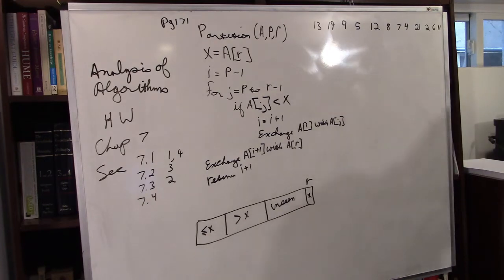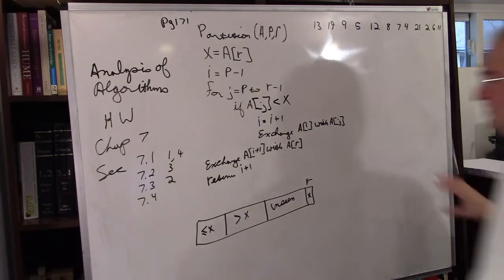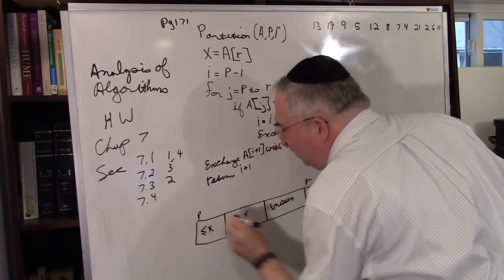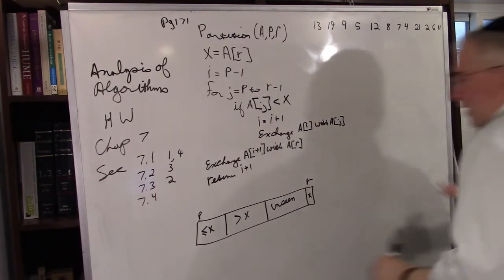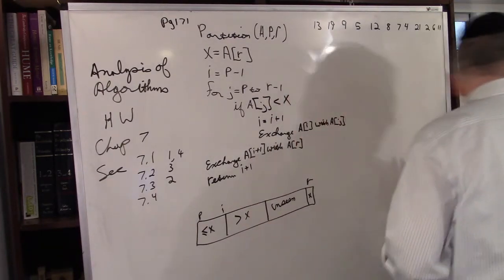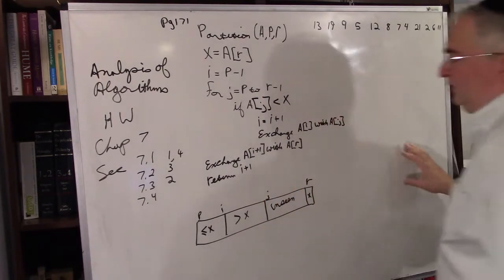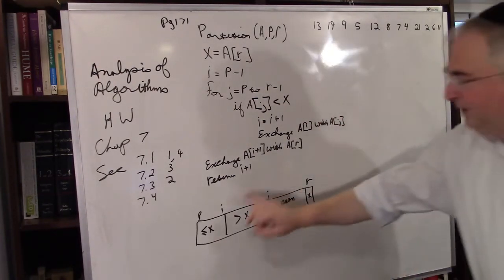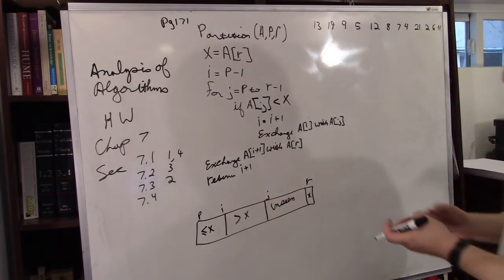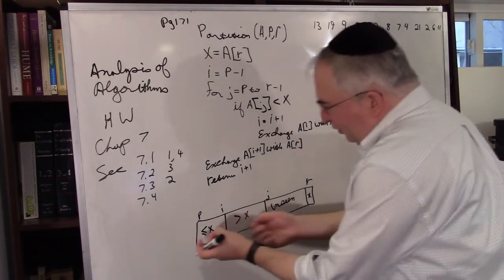We have to be a little bit careful about the indices. P is right over there, I is right over here, and J is right over here after that boundary.